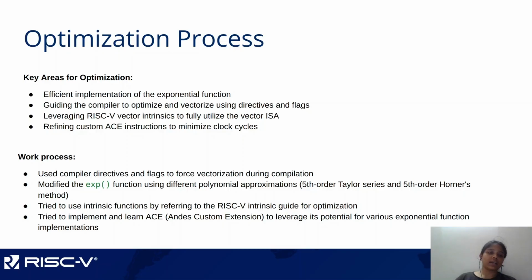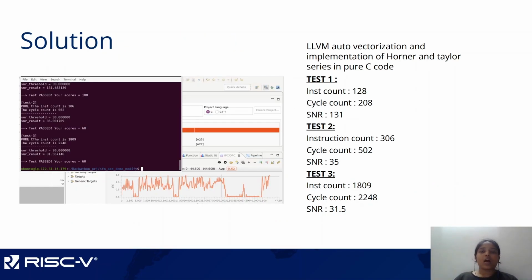And then I learned about intrinsic functions, and also I tried to implement a faster and more efficient exponential function in a source file. So out of all the methods that I did, LLVM auto vectorization as well as the implementation of Taylor series and Horner series in pure C code gave me this good result.